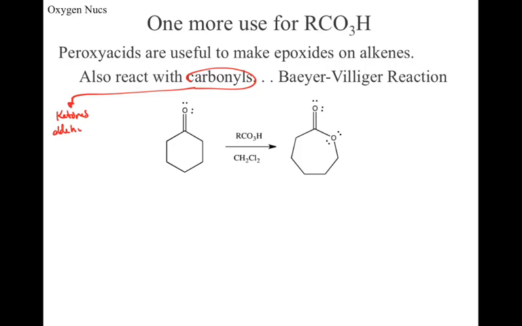How do you spell aldehydes? There we go. What we end up seeing is that an oxygen gets inserted between the carbon and carbonyl bond. So what ends up happening is we drop an oxygen right in between there. Very odd result for this reaction.